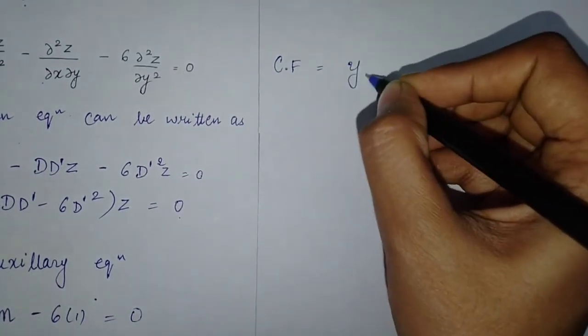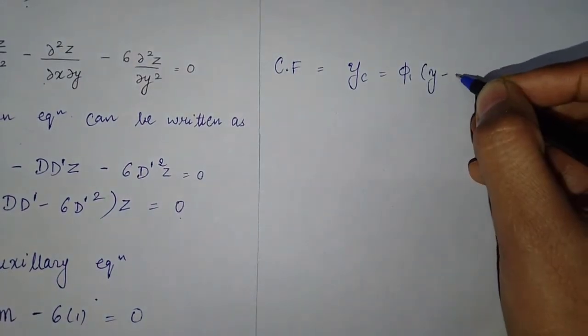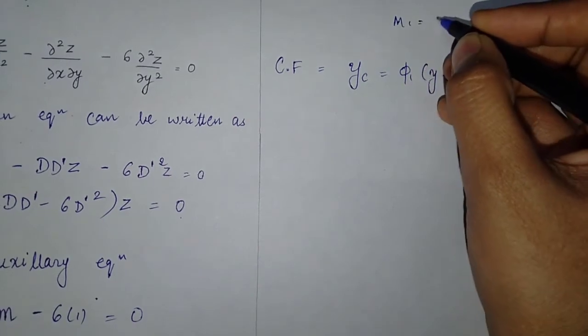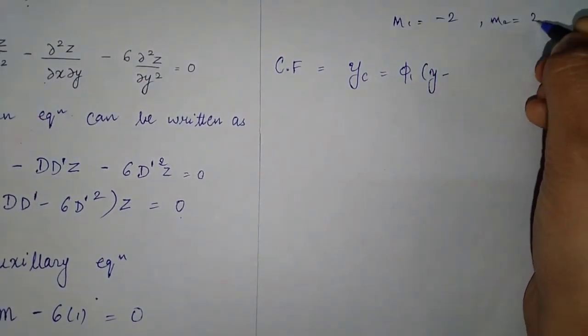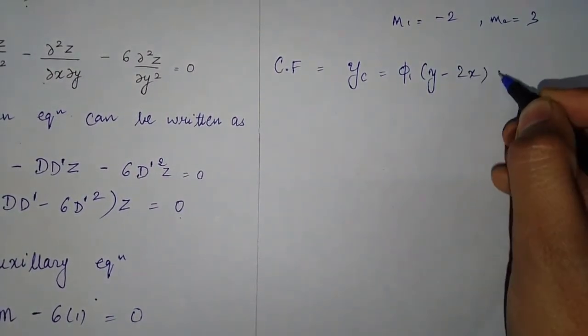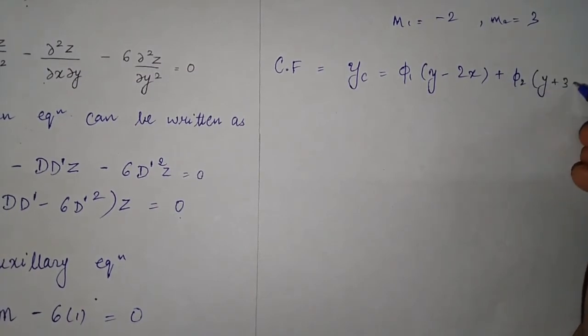Okay? So your CF will be, CF is also written as yc equal to phi1 into (y minus m1 x). m1 is minus 2 and m2 is 3. So here we will get phi1 into (y minus 2x) plus phi2 into (y plus 3x), that is y plus m2 x.